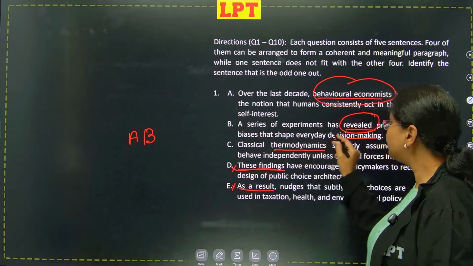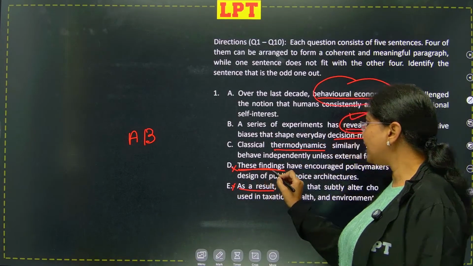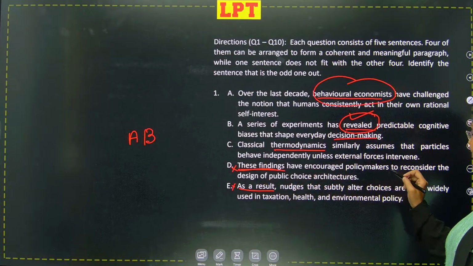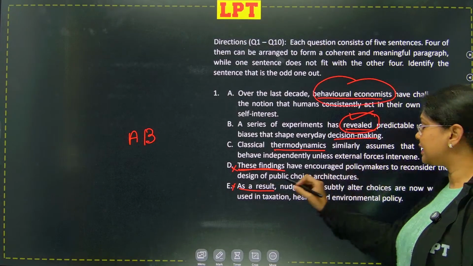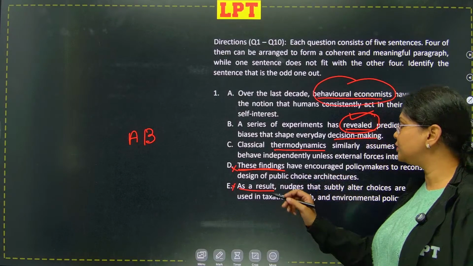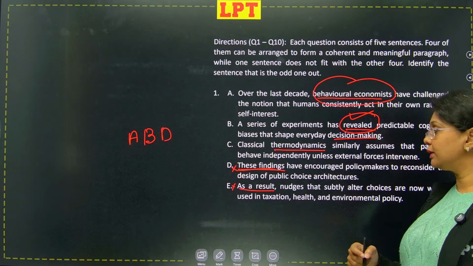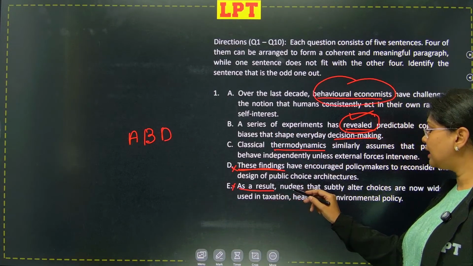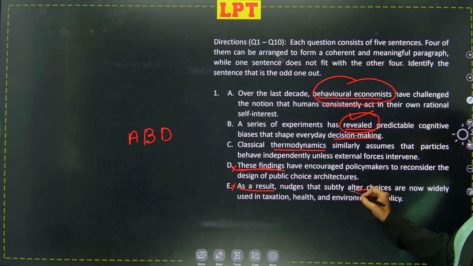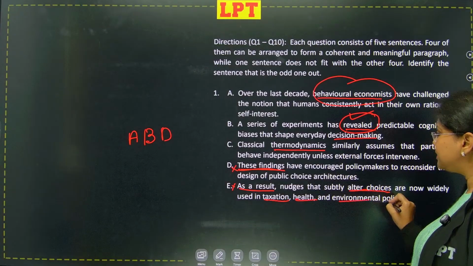Now this talks about revealing something, and then you have D, which says these findings have encouraged policymakers to reconsider the design of public choice architecture. And then you conclude with E, saying as a result, nudges that subtly alter choices are now widely used in taxation, health, environmental policy.